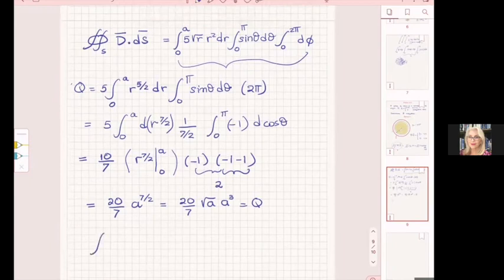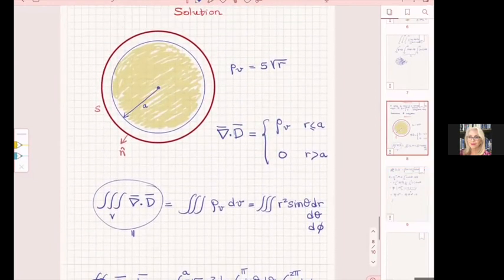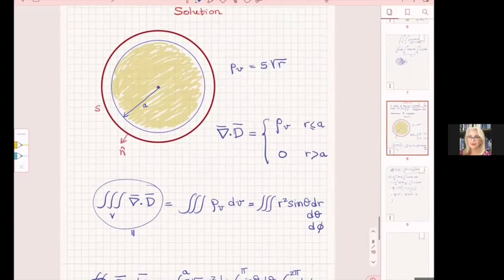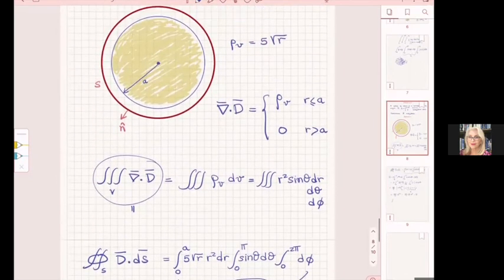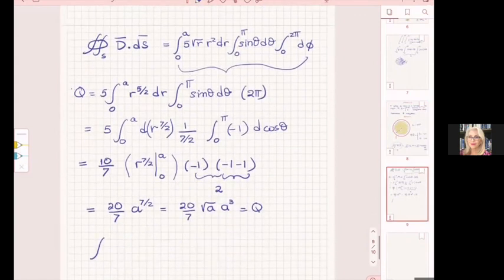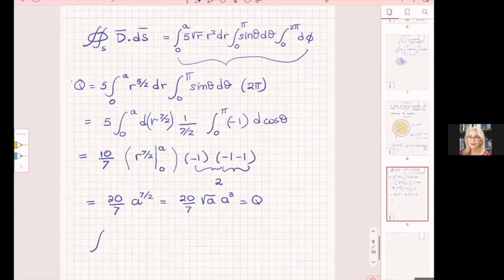of D dS, and we said that D is going to be independent of theta and phi, because the charge is independent of theta and phi. So practically it's going to be the area, which is 4 pi r squared of the sphere.